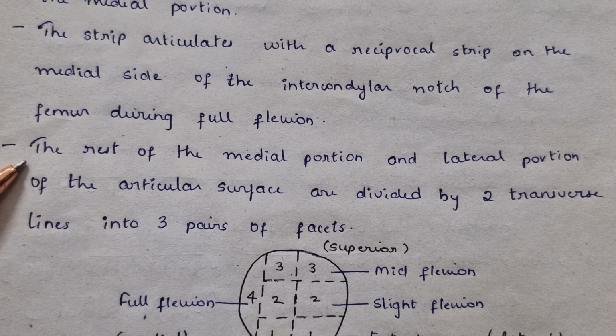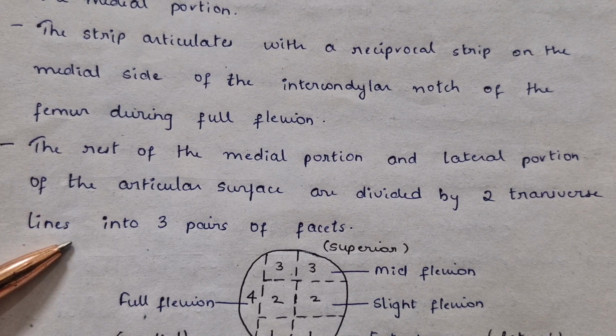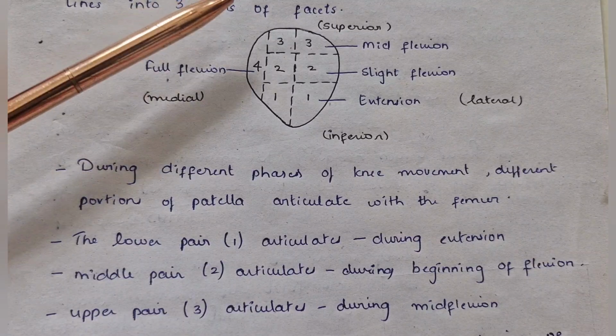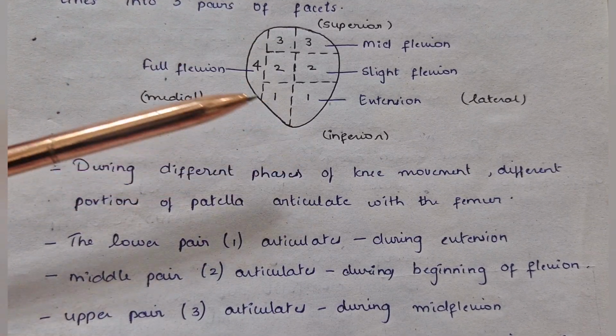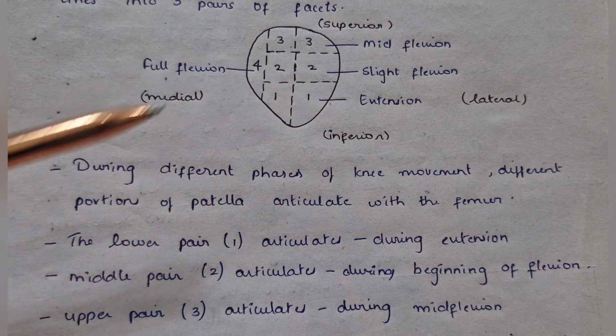The rest of the medial portion and the lateral portion of the articular surface are divided by two transverse lines into 3 pairs of facets. This is the superior, inferior, medial and the lateral portion of the patella.